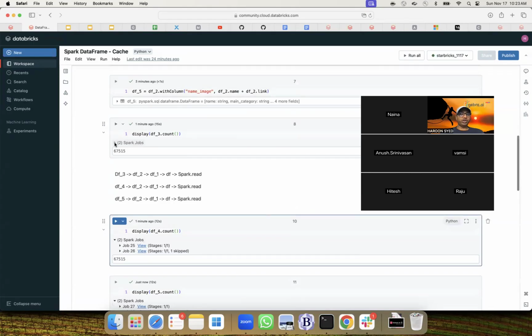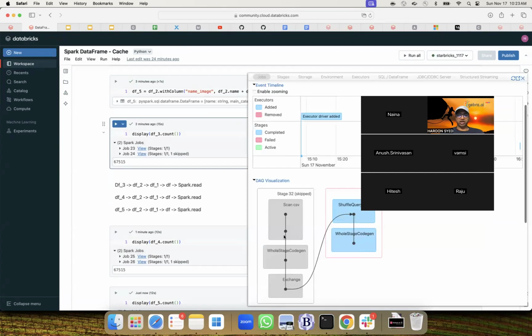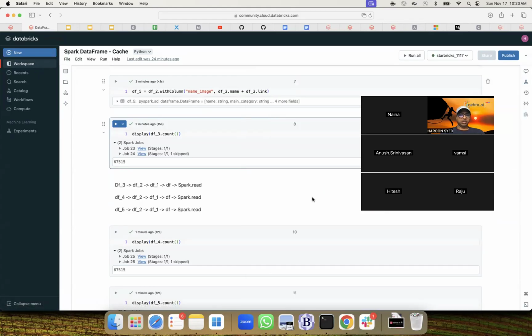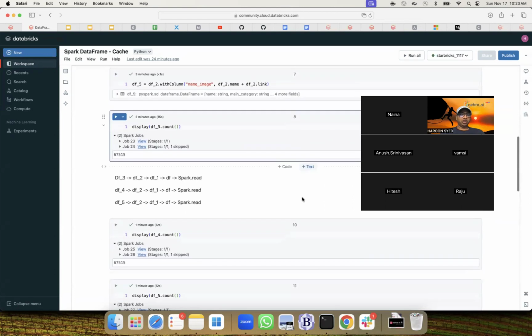Look at data frame 3, all the same black dots at each node where it is accessing the data. Now I'm seeing that this part from here till here is the same. Everything is dependent on df2. So I want to say, hey, every time, why are you doing the same thing over and over again? Why don't you cache data frame 2?